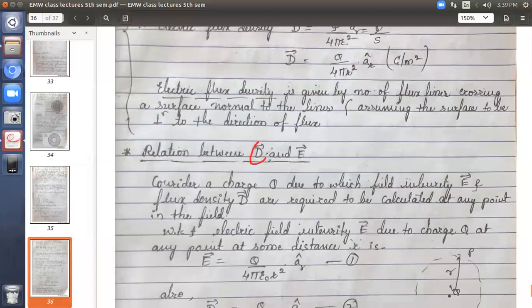Relation between D and E. Probably you know this already. If we have a charge Q, assume some imaginary sphere you draw around it.